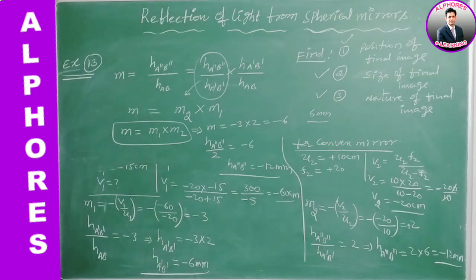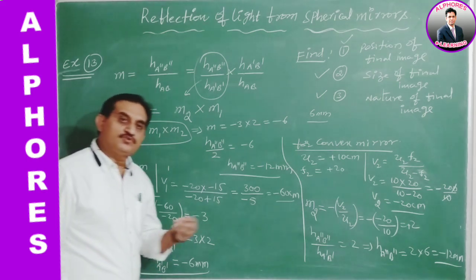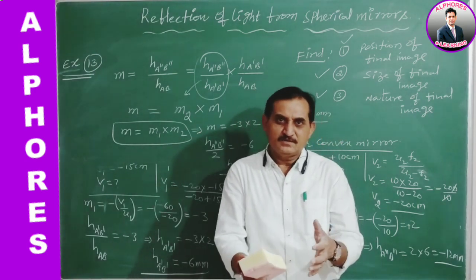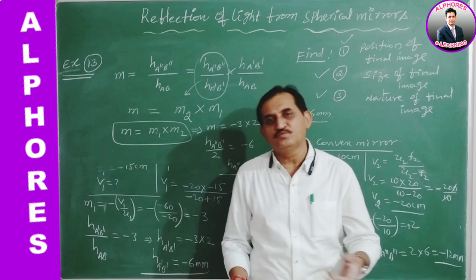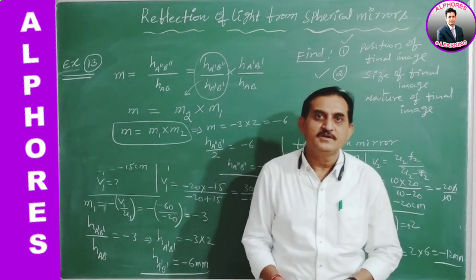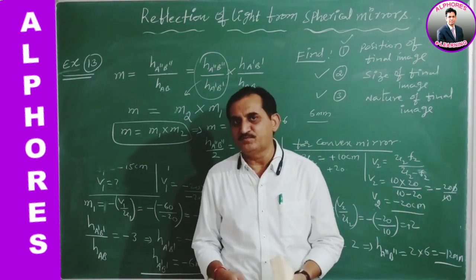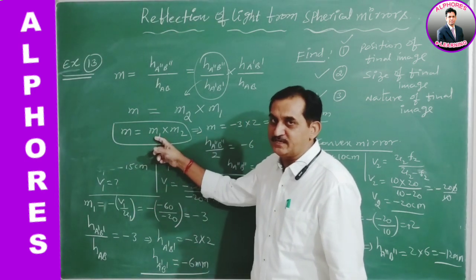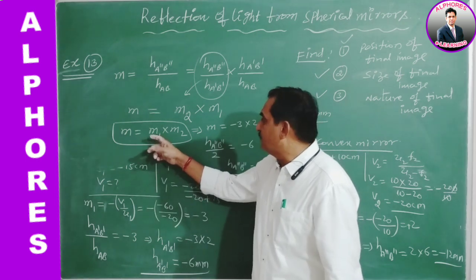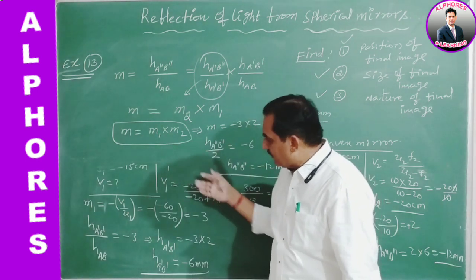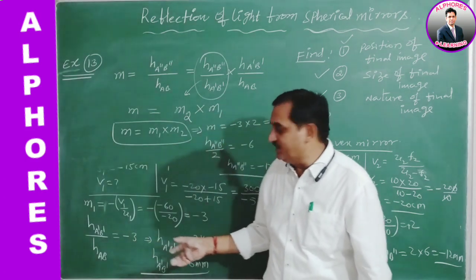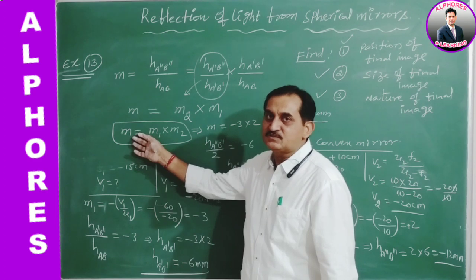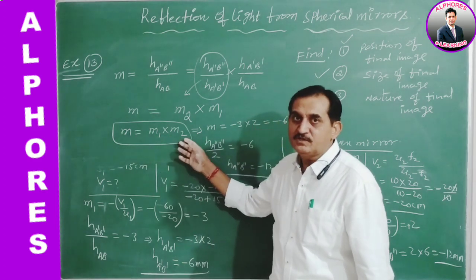So, clear. Therefore, if two mirrors are kept coaxially or in any orientation, and reflections are taken by the two mirrors and a final image is formed, in order to find its final magnification we can use the multiplication of the individual magnifications of the two mirrors, which gives the same result. So you can go the individual way to find the magnifications, or use the total magnification equal to M1 into M2 directly.